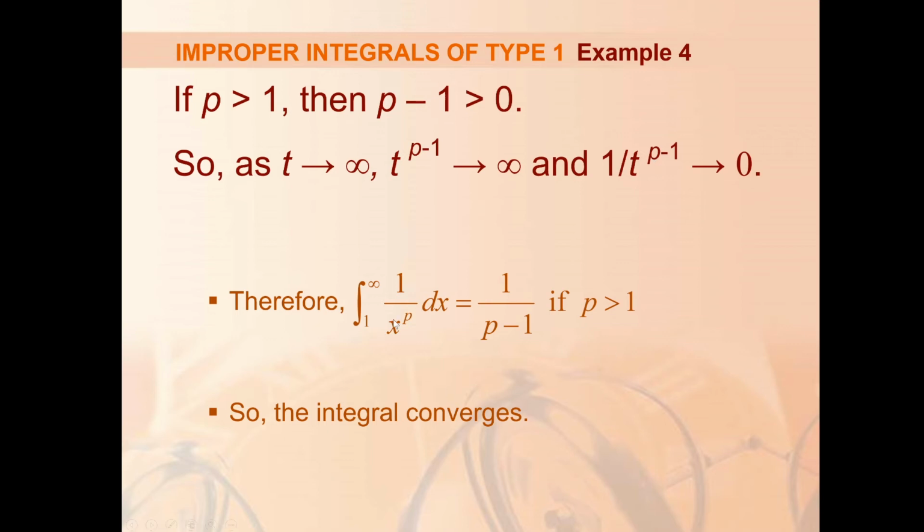And therefore, the integral from 1 to infinity of 1 over x to the power of p dx equals 1 over p minus 1 if p is greater than 1, so the integral converges.